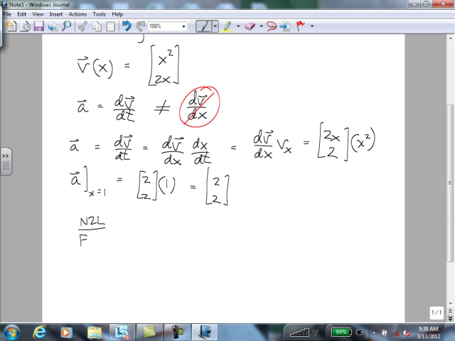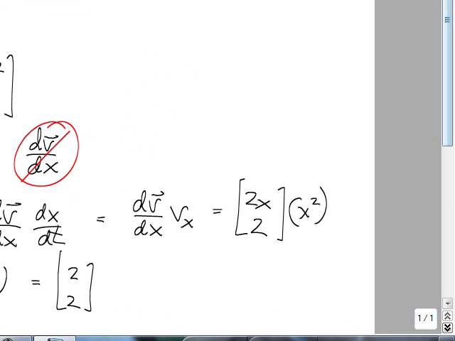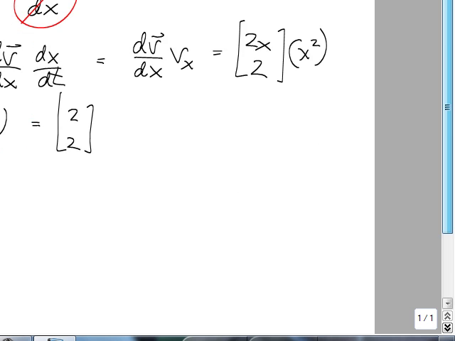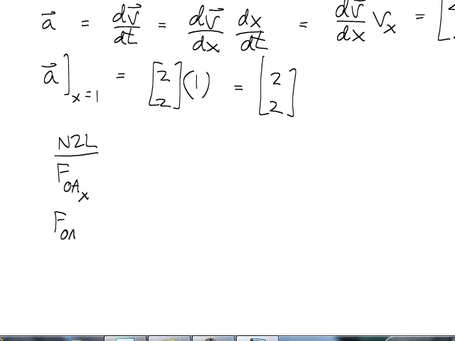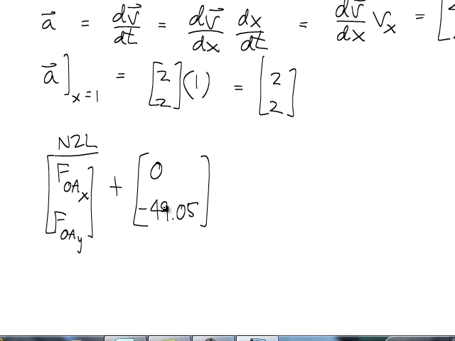The left side of Newton's second law comes straight from the free body diagram. So you have F_OA, x and y components, plus 0, negative 49.05.